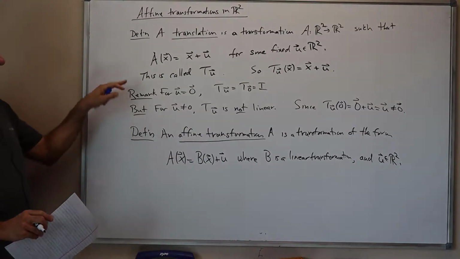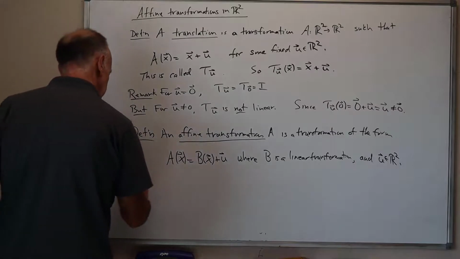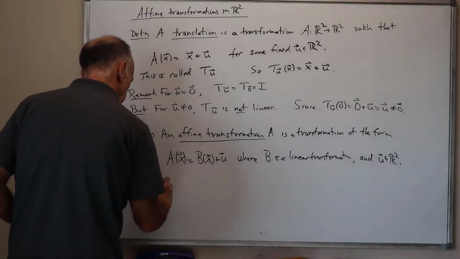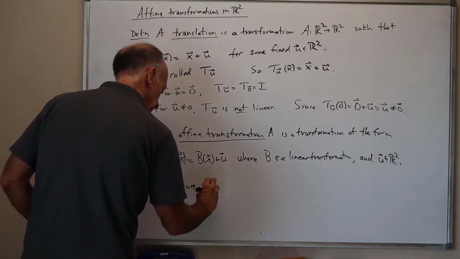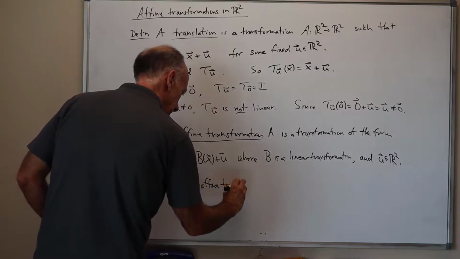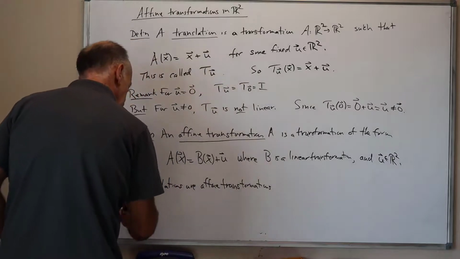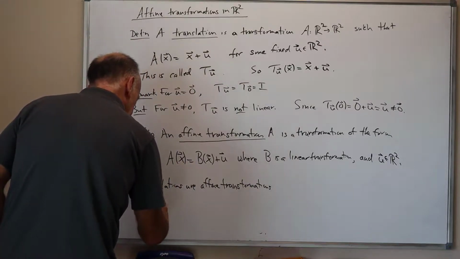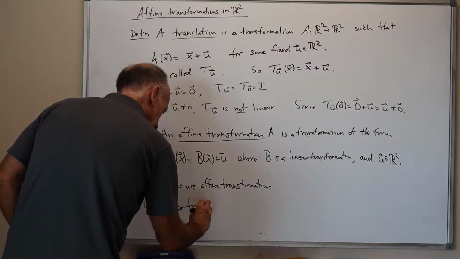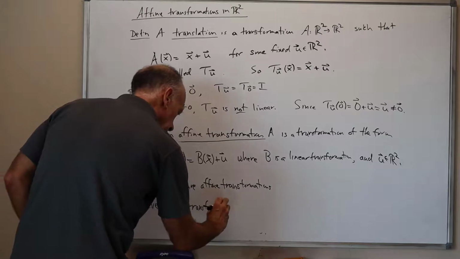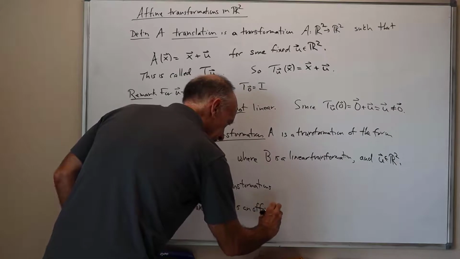So clearly, a translation is a special case of an affine transformation. So translations are affine transformations, and also every linear transformation is an affine transformation, because you can just take u equal to 0.